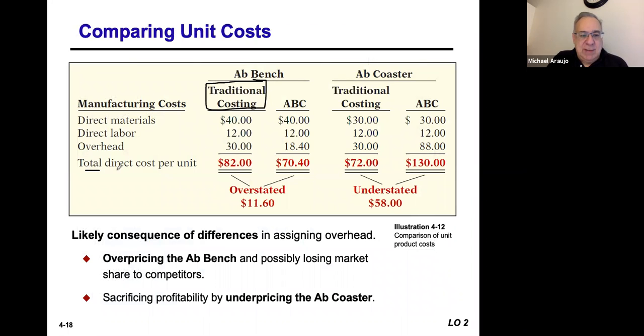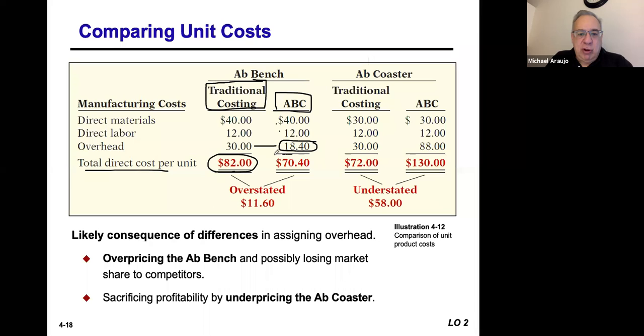So the direct manufacturing costs per unit, if you use a traditional costing system, we came up with $82 for every ab bench. In reality, using ABC, yeah, materials are okay, direct labor is okay, but look at the difference in overhead. Look at the difference in overhead.